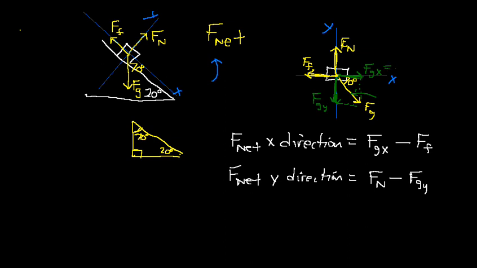Now what is F sub g in the x? The force of gravity in the x direction is going to be just the force due to gravity, F sub g, times the cosine of 70 degrees. And the force of gravity in the y direction is going to be whatever the force of gravity is times the sine of 70 degrees. So we've got the force of gravity in the x, force of gravity in the y.